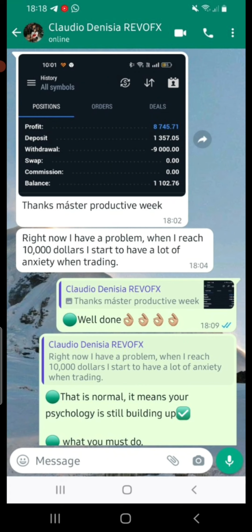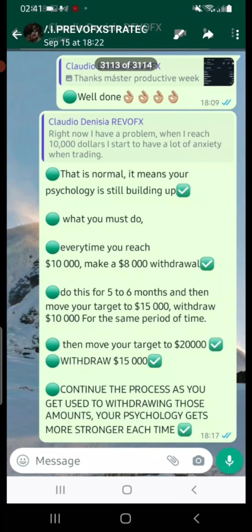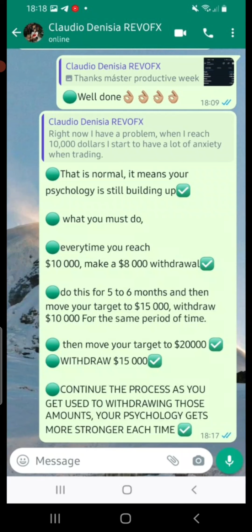Your psychology is not yet prepared to handle that kind of money. So in order to train your psychology, you have to keep trading up to that amount and withdraw up to that amount for a certain time until you are very comfortable with those withdrawals. Then you increase your target. This is how I advised her, that this is normal. It means your psychology is still building up.